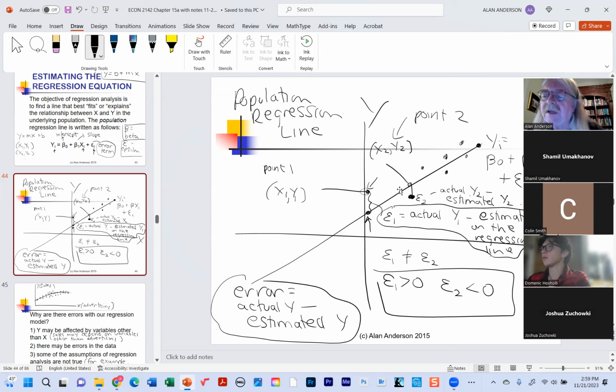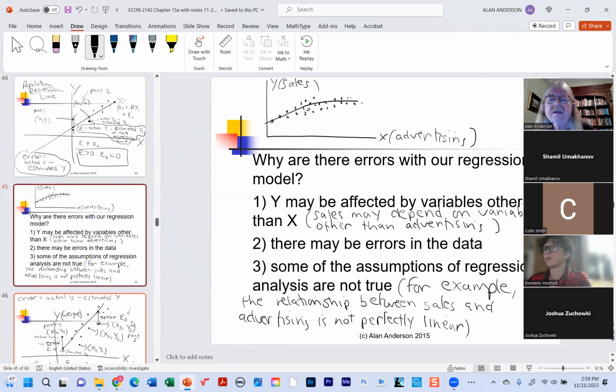Now, just as a quick aside, why do we have errors in our data? What's going on here? What's the problem? Why can't we get it just right? Well, there's a lot of possibilities here. For one thing, it may just be that x is not the only variable that affects y.